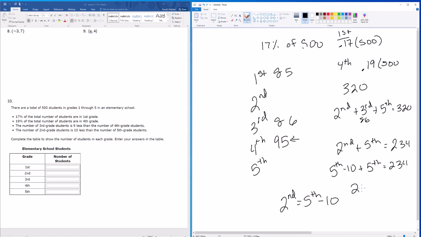Add 10 to both sides, so I have 2 times the number of fifth graders equals 244. Divide by 2, the number of fifth graders is going to be 122. And then we know that the number of second graders is 10 less than that, so that's going to be 112.